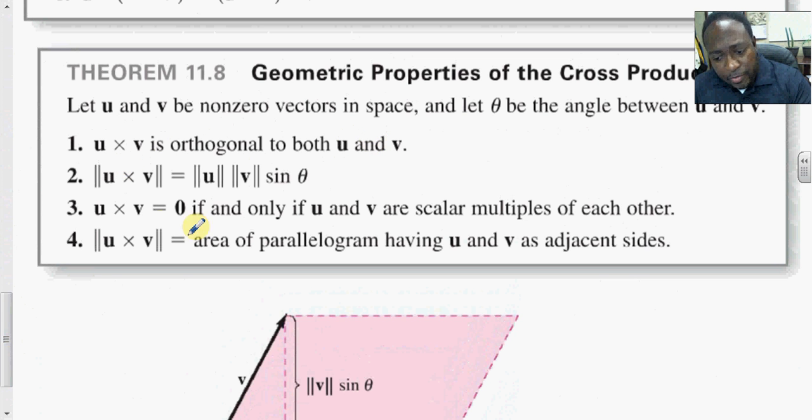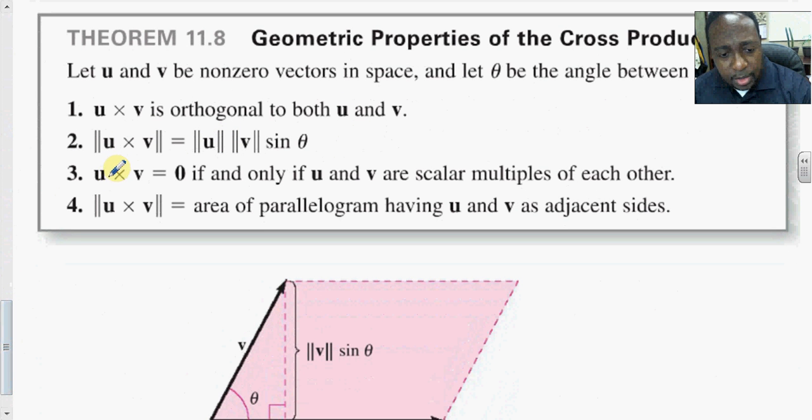The area of the parallelogram is said to be the norm of the cross product of u and v, which is the same as the norm of u times the norm of v times sine theta. Now you don't see that until you look at this parallelogram and sketch the proof to see why that's the case.